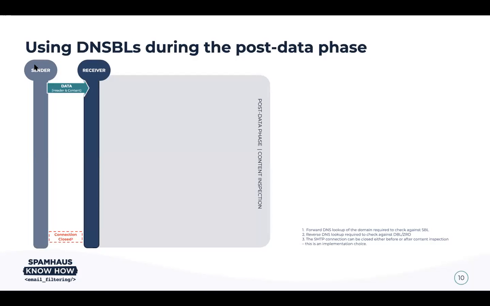At this stage, we receive the data command. And in return to the data command, we are starting to receive all the headers and all the content of the message. And there are quite a few hooks inside the message itself and inside its headers that can be used in order to make filter efficient.